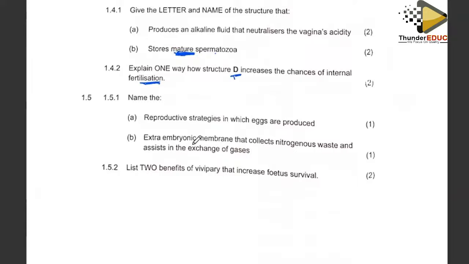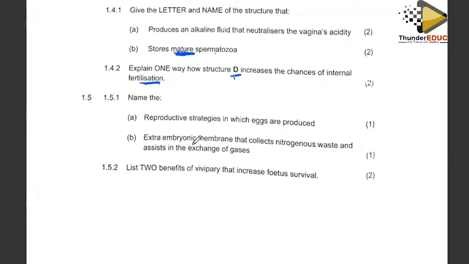So basically, you can say that the penis is long enough to ejaculate the sperms into the vagina, which is closer to the ovum, so that fertilization can take place.